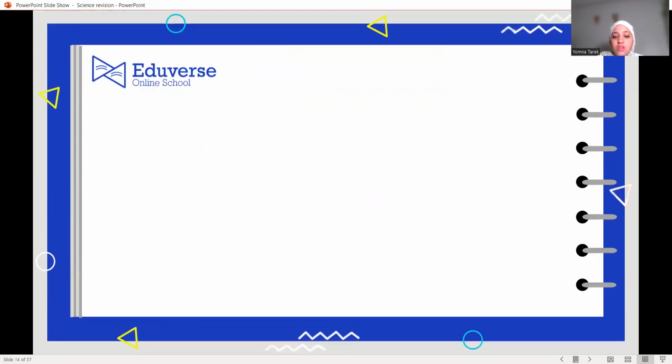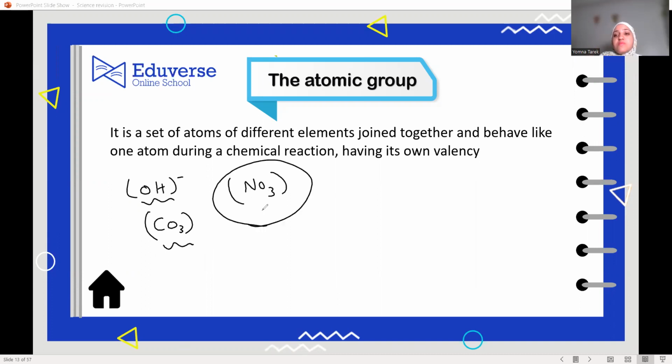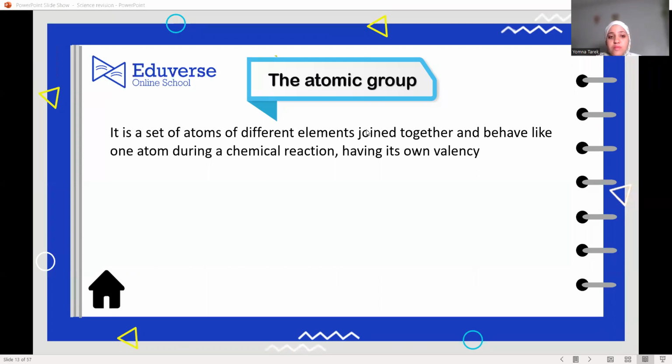For example, the hydroxide group, OH, and the carbonate group, CO3. Like for example, NO3. So they are acting like just one atom, and they contain different atoms together.